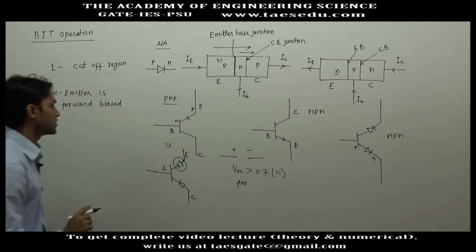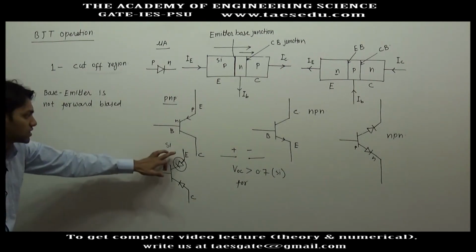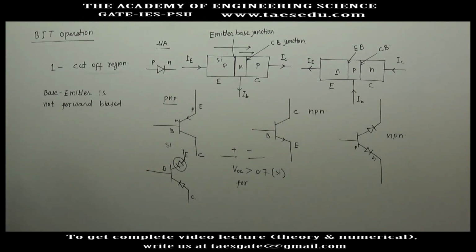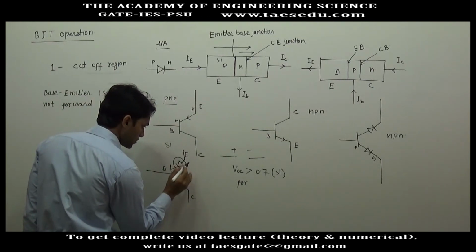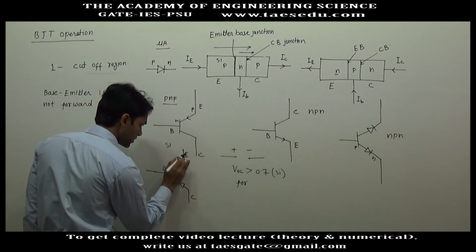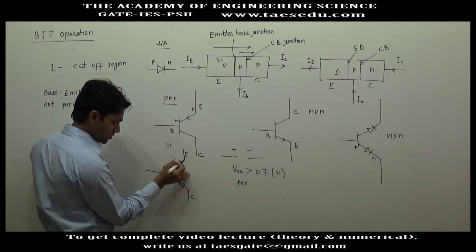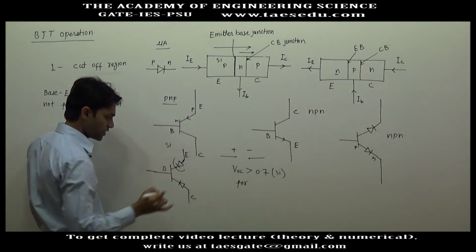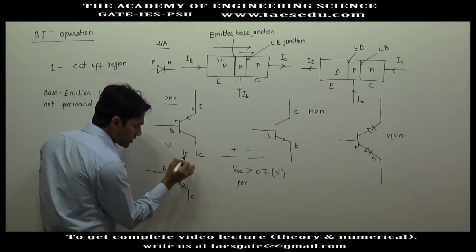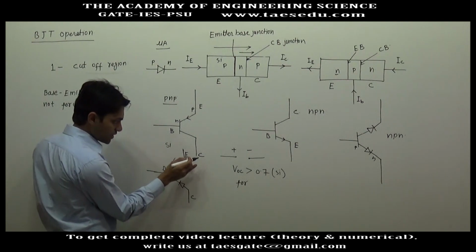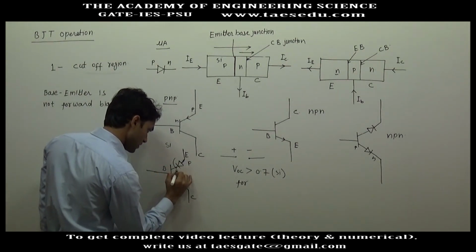So in case of cutoff region, what will happen? Both for PNP and NPN transistor, the emitter base junction is not forward biased. It means the open circuited voltage across this junction will be less than 0.7 volt. Since the emitter is p type, this is p and this is n.